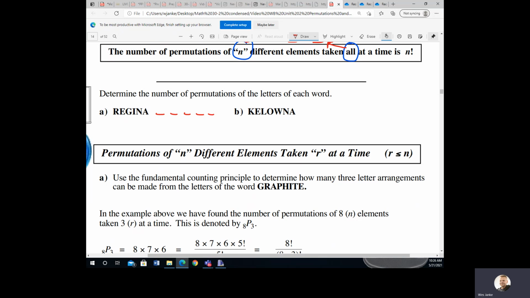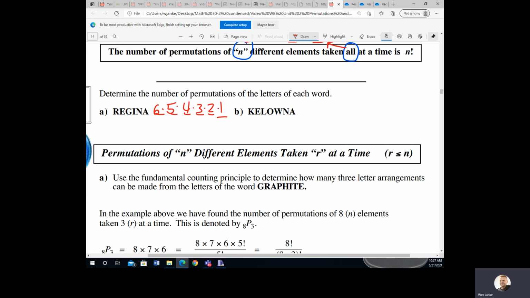factorial would be 6 times 5 times 4 times 3 times 2 times 1. Because there would be 6 choices for the first letter, and then once you've decided on that, like if you decided on the G, then there's 5 choices for the next letter, and so on.